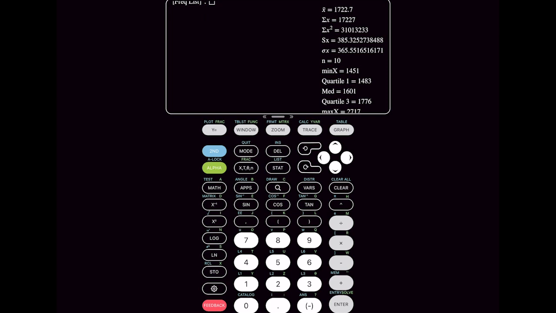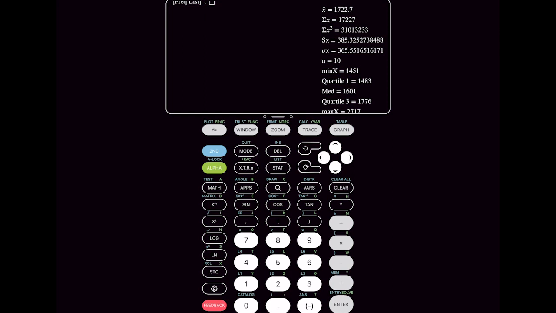That would be if you followed the same steps, except if you divided by n. In this case, it would be if you divided by 10, since we're dealing with 10 buildings, and that would give you the sigma x. If you divide by 9, that's where you get Sx, because remember, when we're trying to find the sample standard deviation, you always divide by the sample size minus 1.